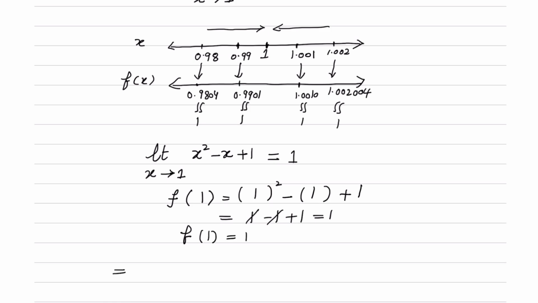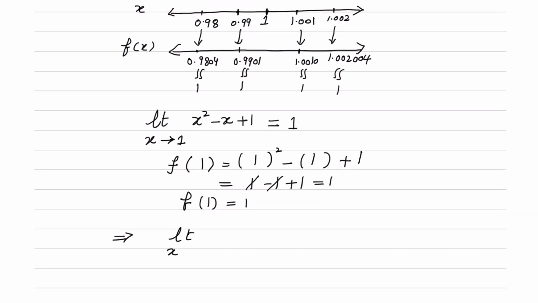So here in this case we see that the limit of the function x squared minus x plus 1 is the same as the value of the function calculated at 1. So the answer of the limit was 1, and the value of the function exactly at 1 is also 1. So in both cases the answer of f of 1 is 1 and the limit answer is also 1.